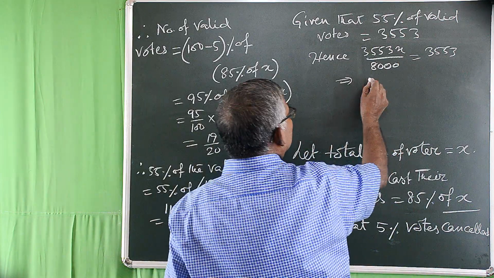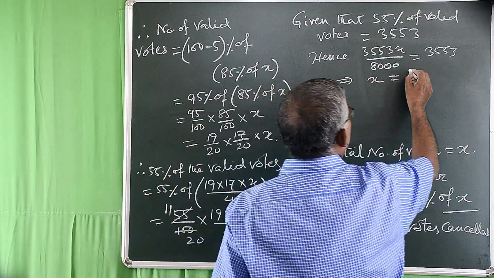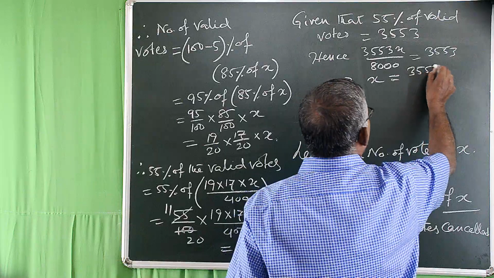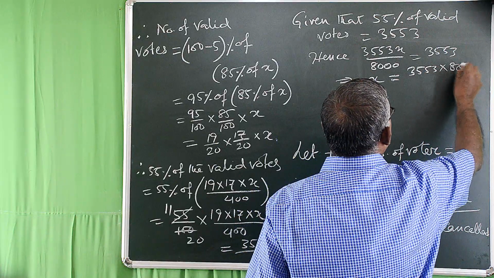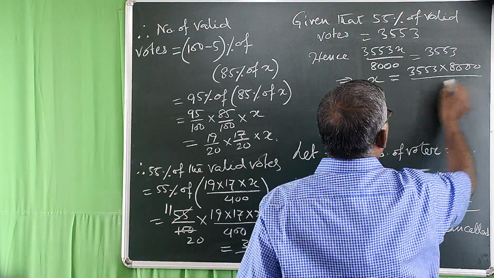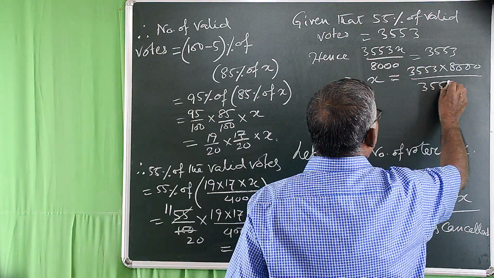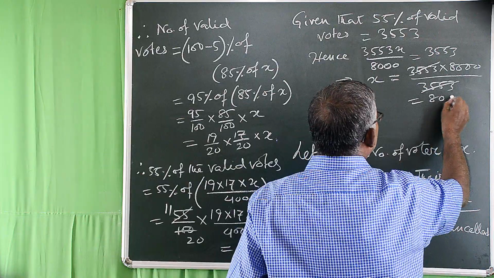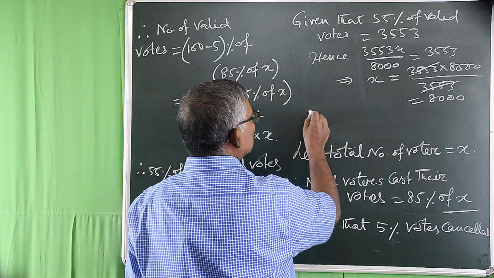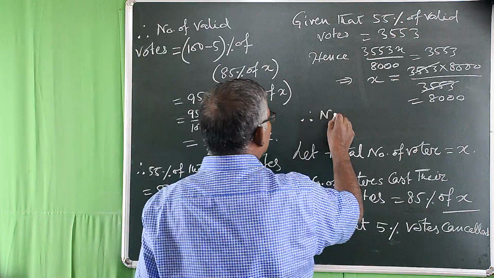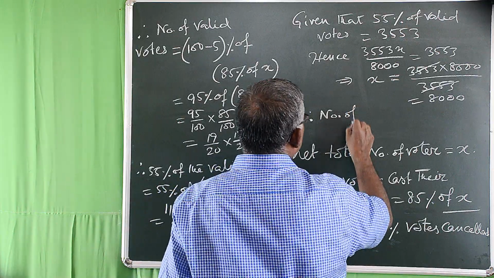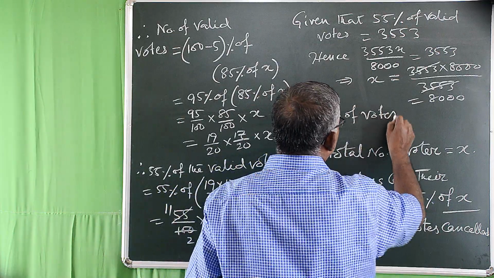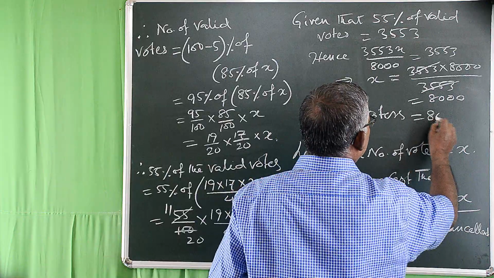This implies that x equals 3553 into 8000 by 3553. So it is 8000. Therefore, number of voters equals 8000.